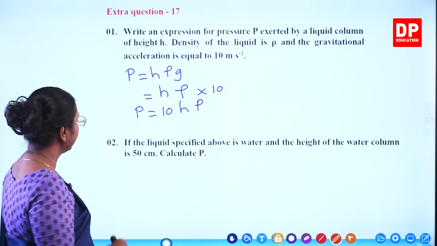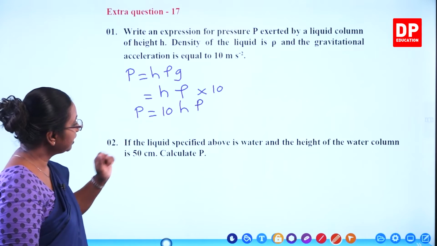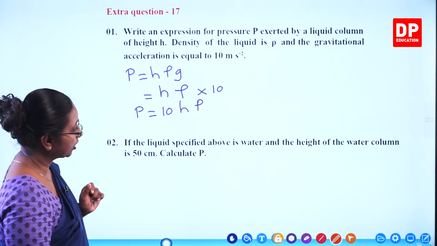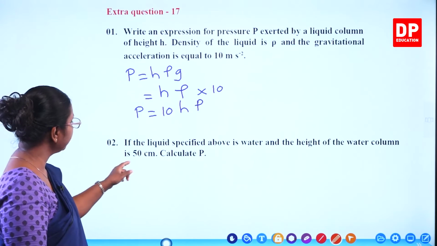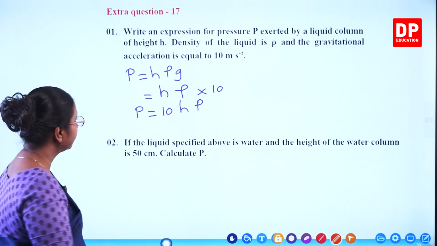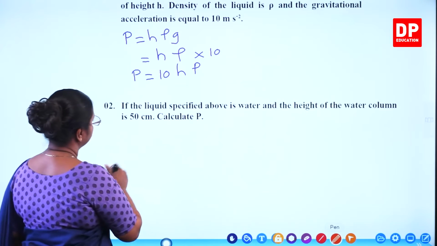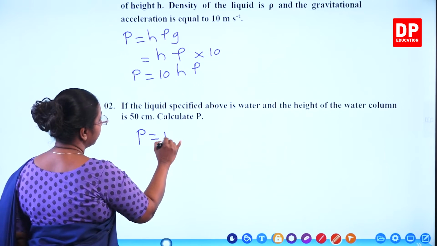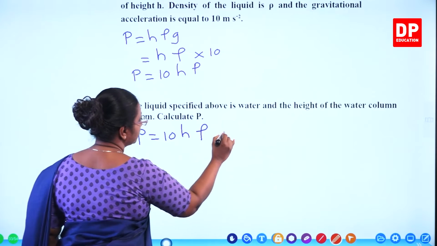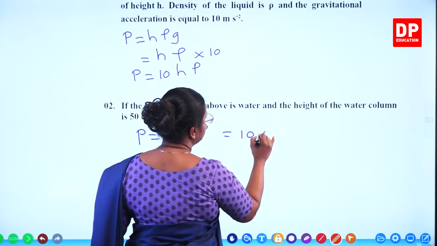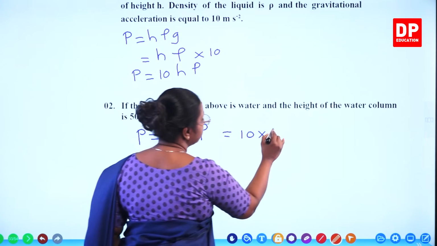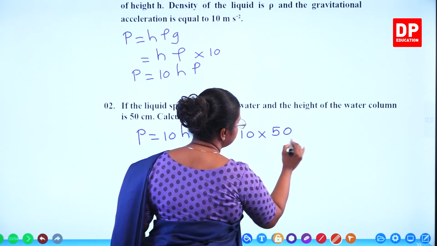P equals 10h rho. If the liquid specified above is water and the height of the water column is 50 centimeters, calculate P. So, if the liquid is water, P equals 10h rho. So, that will be equal to 10 into height is 50, but it is in centimeters.